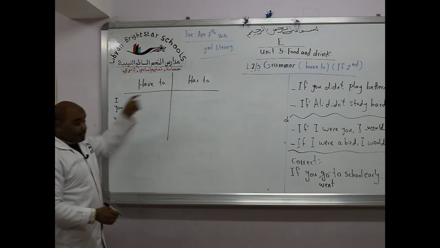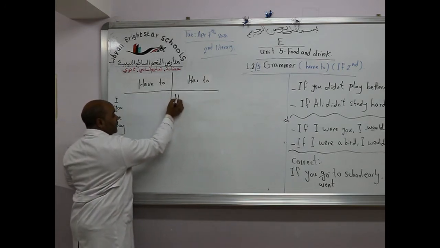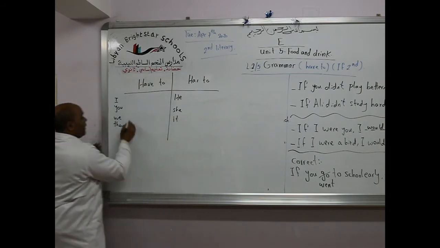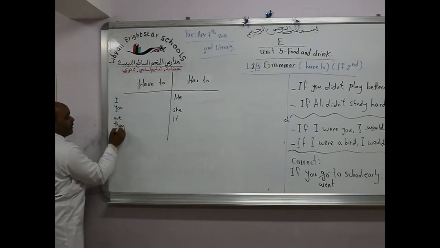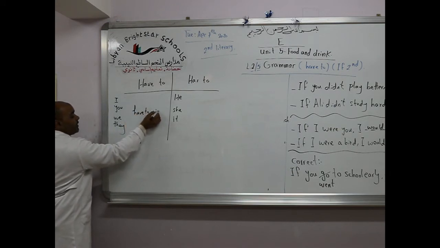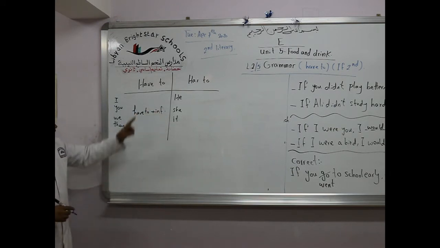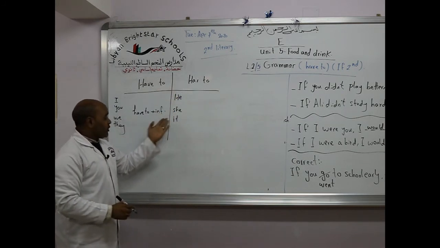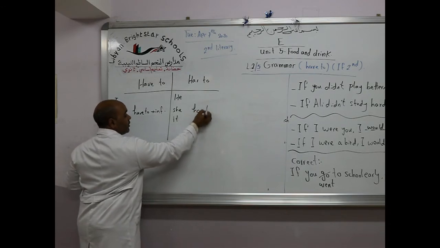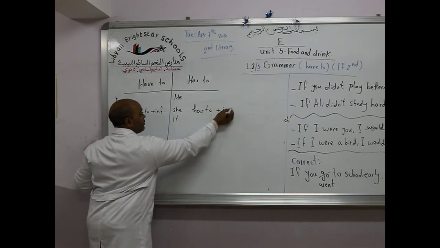Has to is used with he, she, and it. I, you, we, they have to plus infinitive. He, she, or it has to plus the main verb.